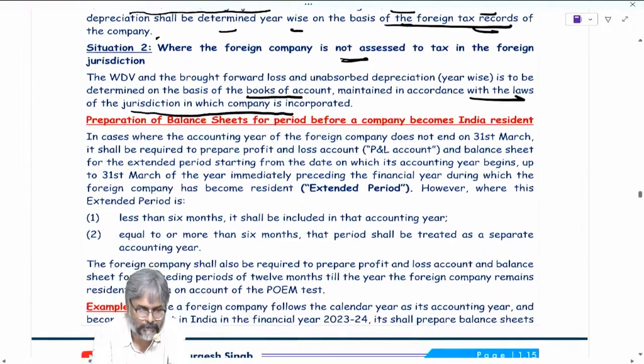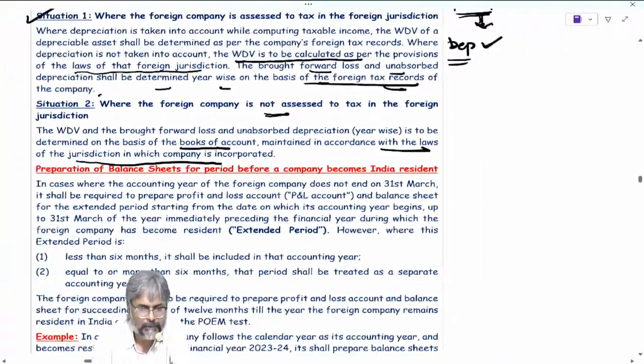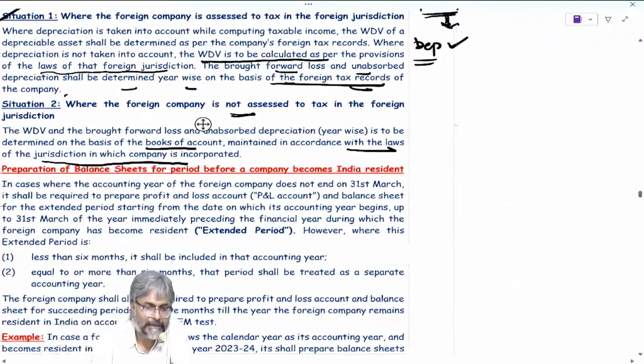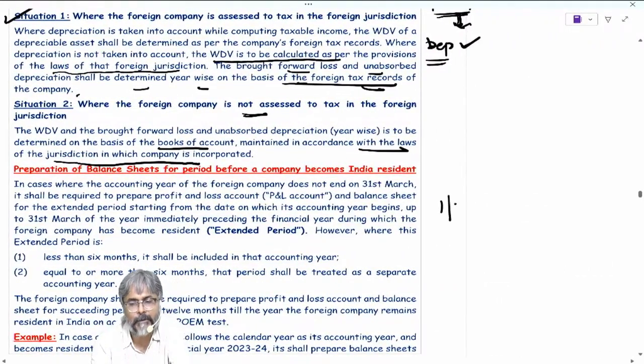Now this is an important one, students. Very careful. This is an important point. Students, in the Indian context, in the foreign context, see, we require opening WDV on which date? 1st April.